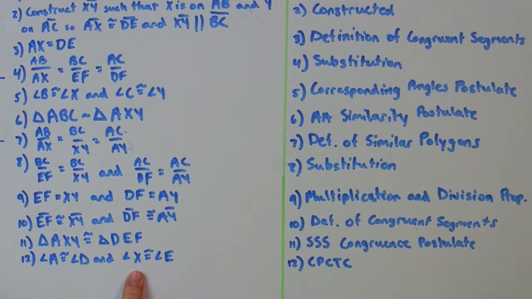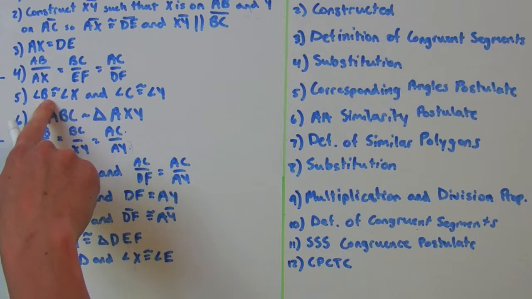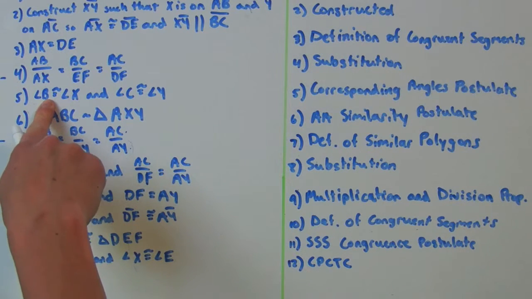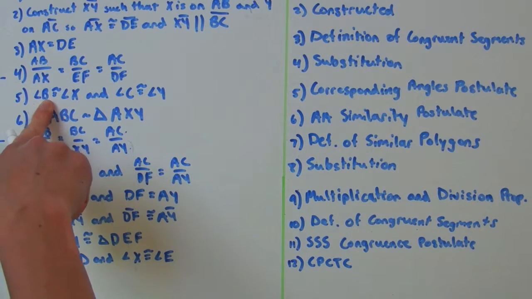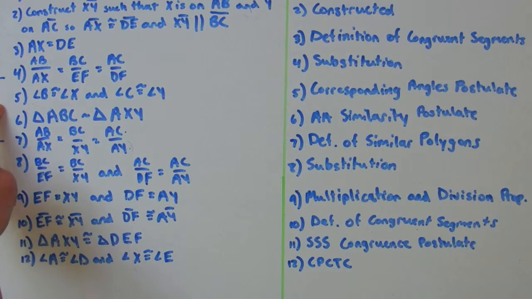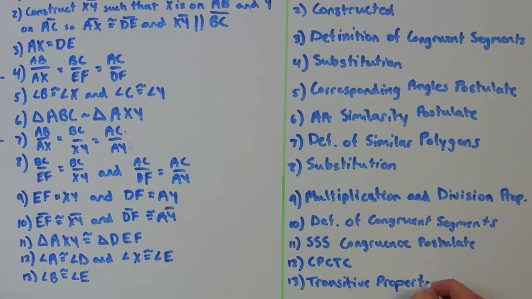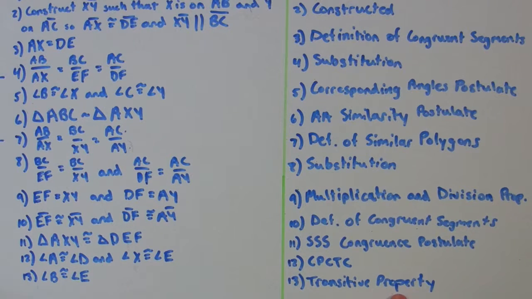Angle X was also congruent to angle B, and that was by the corresponding angles postulate. So by the transitive property, we can say that angle B is congruent to angle E. And this is because of the transitive property in the angle congruence theorem.